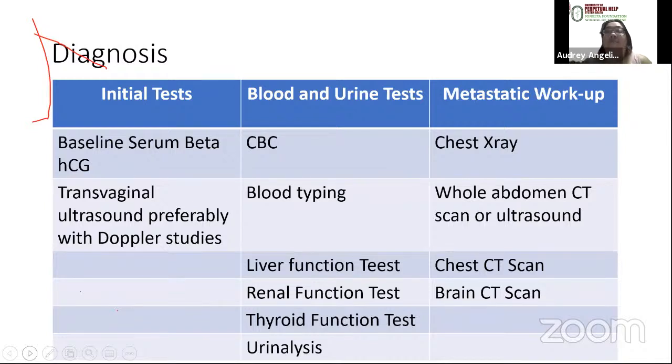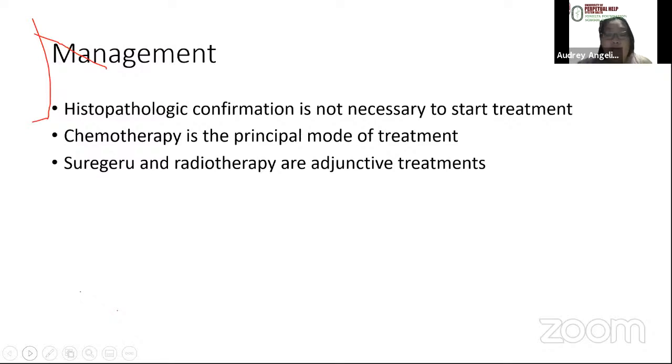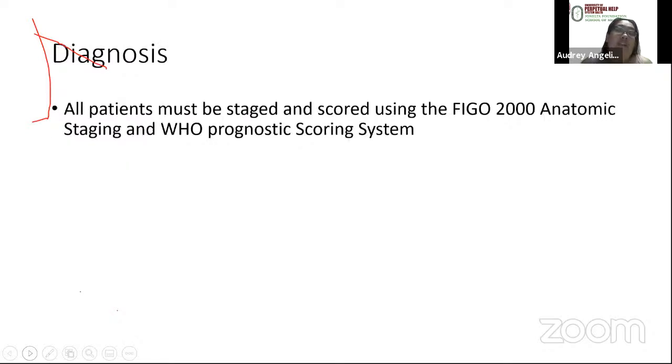It will include your metastatic workup, including chest x-ray, CT scan of the chest and brain CT scan, where your GTN would most often spread. So your patients must be staged and scored using the FIGO WHO prognostic scoring system, which is nice to know at your level.